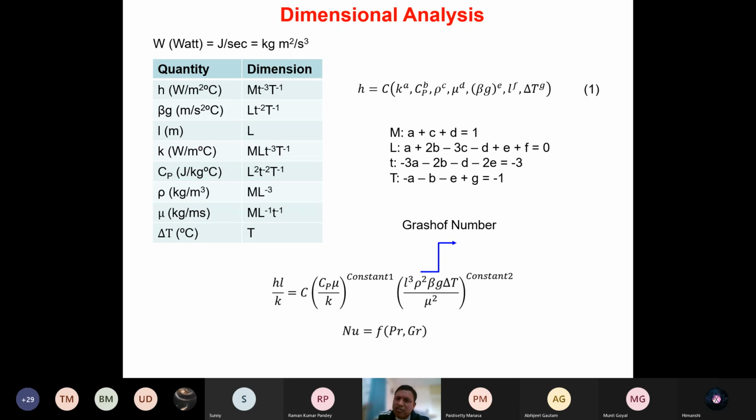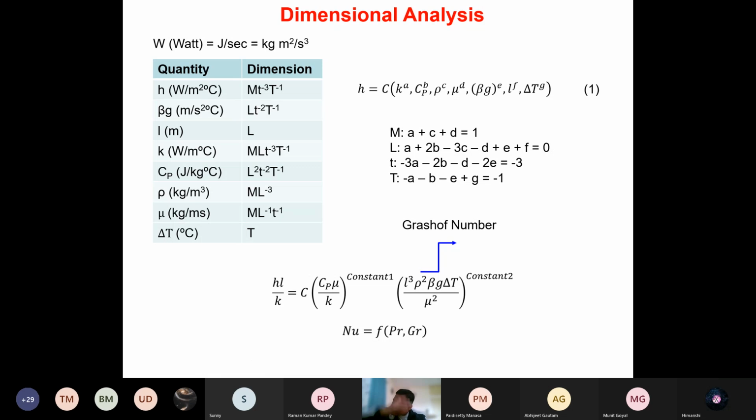Similar to that, in natural convection, we are saying that the heat transfer coefficient depends on thermal conductivity, specific heat, density, viscosity, and this new variable beta g, which we have not looked at. Instead of diameter, here we are taking L because we are taking the heat transfer from a flat plate.